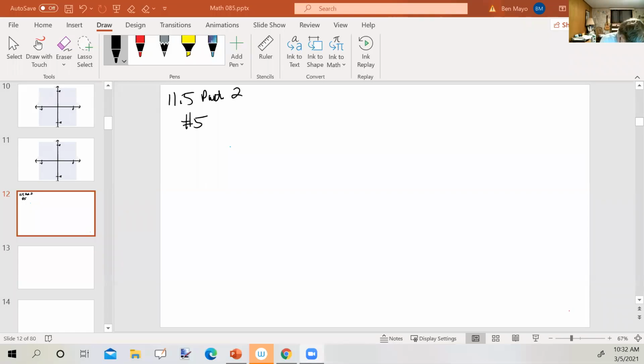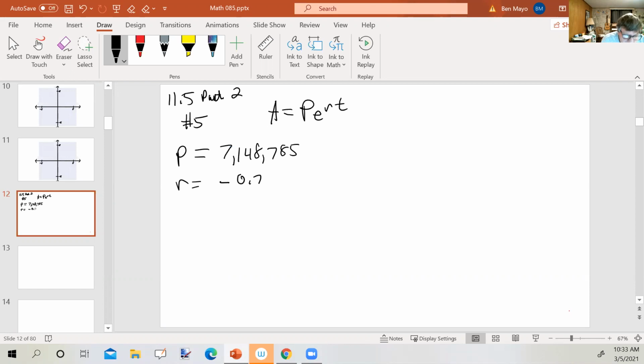We're going to use the formula A equals Pe^(rt). What do we know? We know that P, the starting population of Bulgaria, is 7,148,785. R, the annual growth rate, is negative 0.768%. But converting that into a decimal would be negative 0.00768.